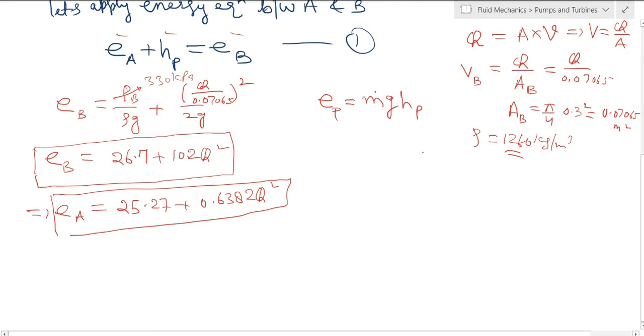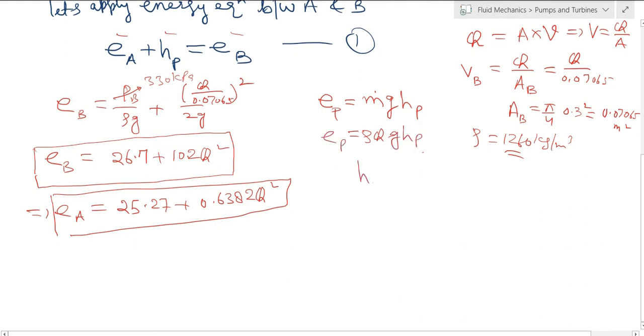So for the symmetry, this will give us the volumetric flow rate too. Now we know m dot is rho Q, density times the volumetric flow rate, so m dot G HP.